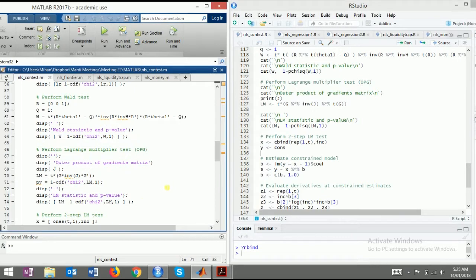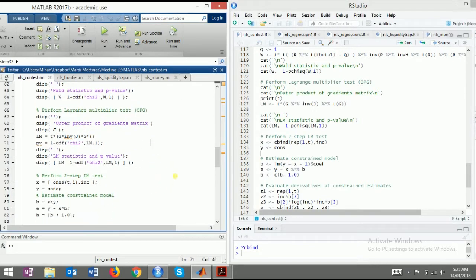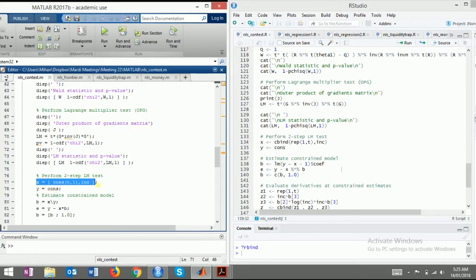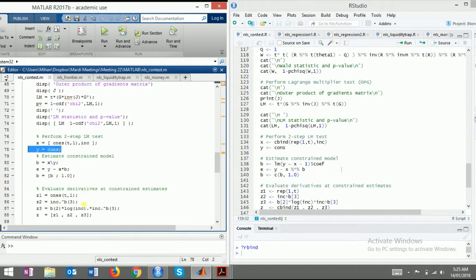Okay, so this is how it is. In the case of a two-step LM test, first we need to do a regression of X with income, Y is constant, by calculating Z1 and Z2.